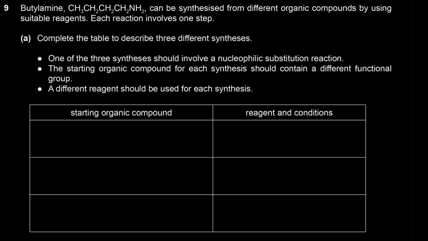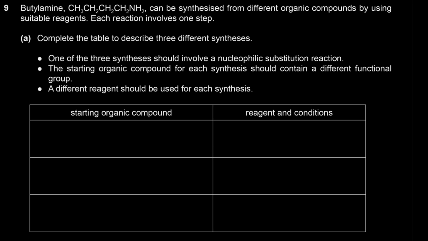So let's start with the first condition. What type of compound can be converted into an amine using nucleophilic substitution? If you remember, we can take a halogenoalkane and react it with ammonia, under pressure or heated in a sealed tube, and convert the halogenoalkane to an amine.